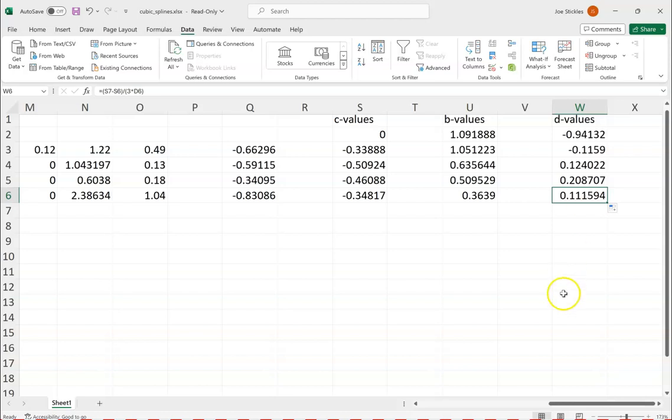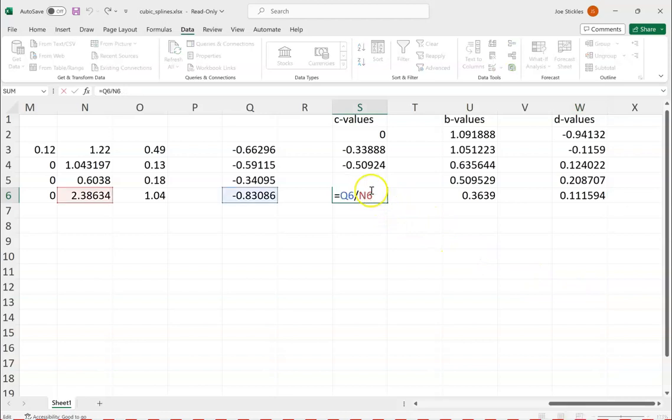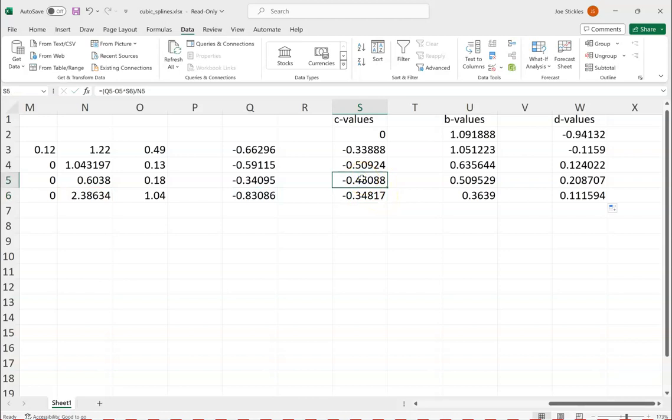Which box in the S column did you change initially? So initially, this here, that ratio, that Q6 over N6, was in S5. It was Q5 over N5. This would have looked like Q5 over. It would not have had this part right here in it.